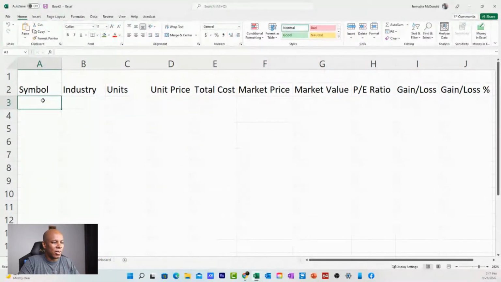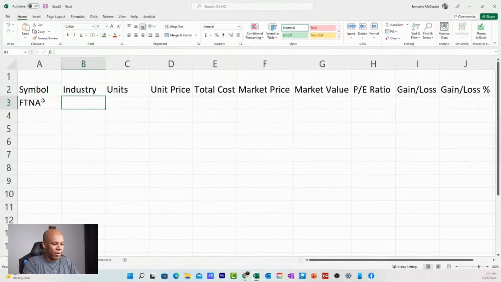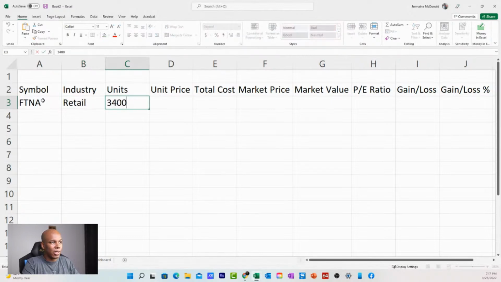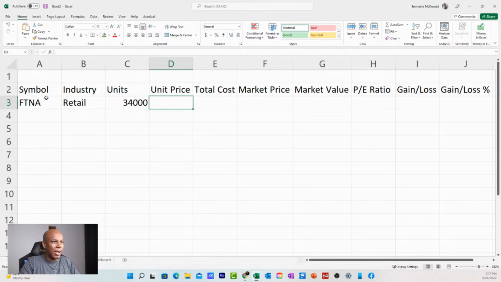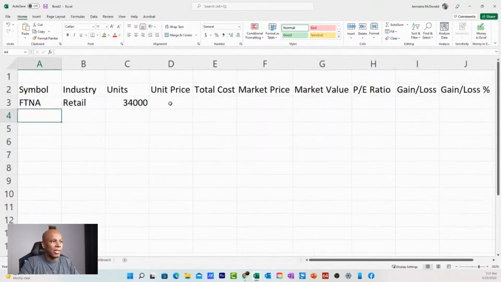So you remember those companies that we bought, right? We bought Fontana. That's from the retail industry, about 34,000 units. In terms of unit price, I'm just going to be pulling that data from right here. So the unit price, 7.93.